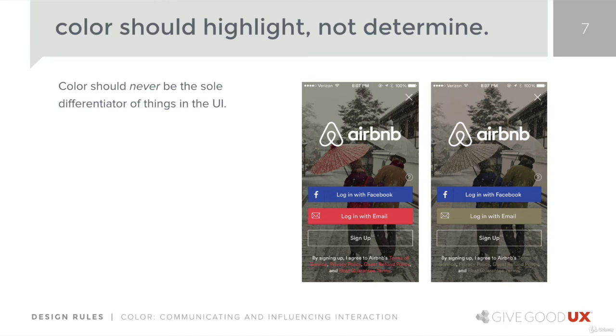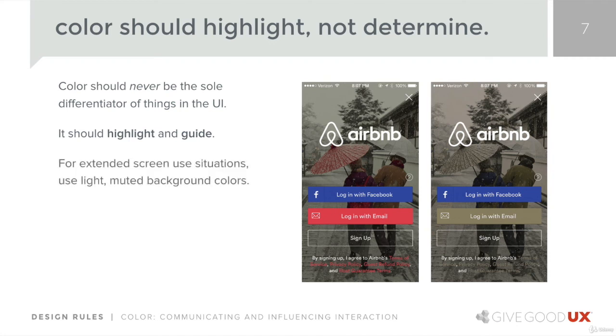So color is helpful, but it can't ever be the only way you separate information. So color should highlight and it should guide. For extended screen situations, when people are staring at a screen for a long time, you always want to use light, muted background colors. If I had a nickel for every time I saw oversaturated color in a user interface, particularly in enterprise situations where people are spending a long time staring at the screen, I'd be a very rich man.